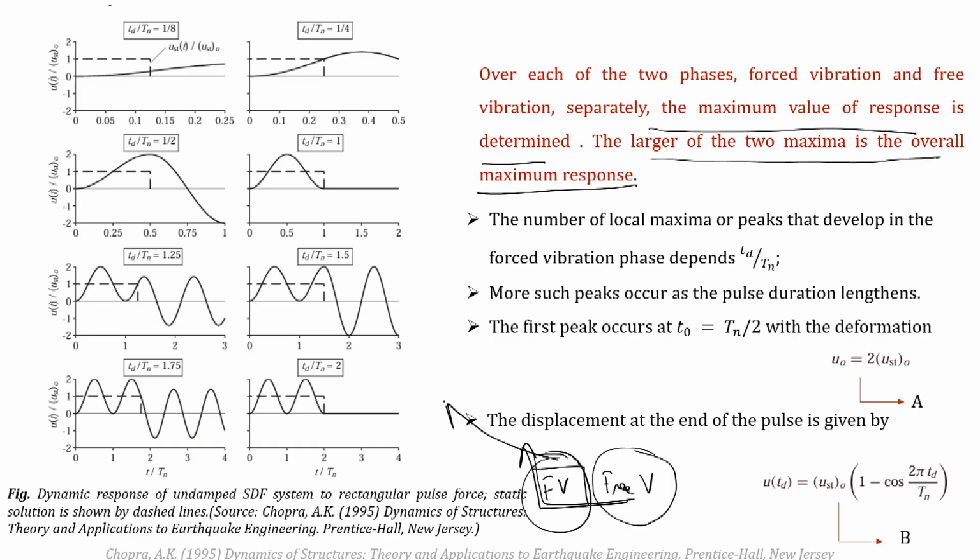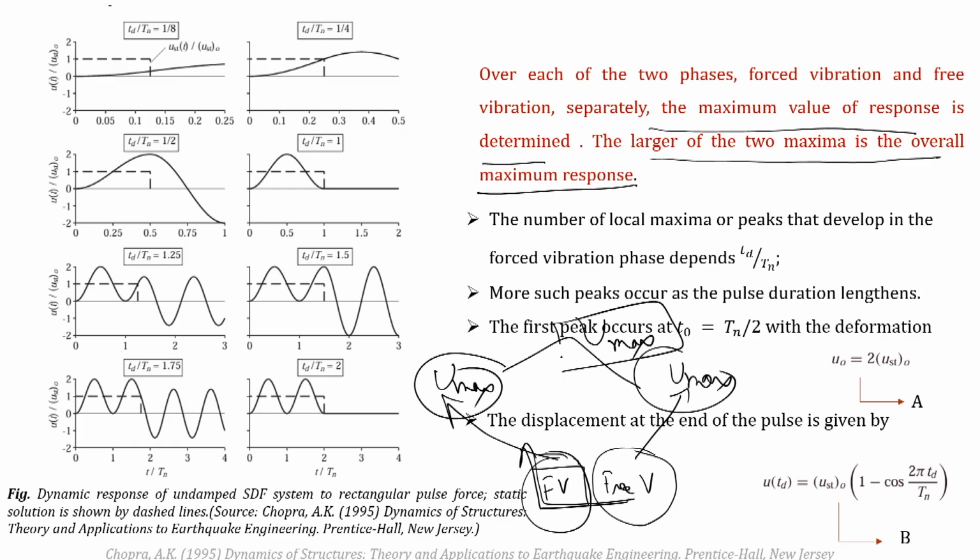After that, we can calculate the maximum response in the free vibration phase and in the forced vibration phase. Out of these two, whichever is the absolute maxima is the absolute maximum response of the system. The larger of the two maxima is the overall maximum.